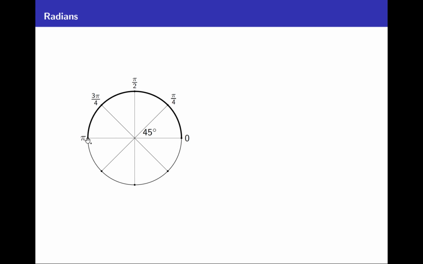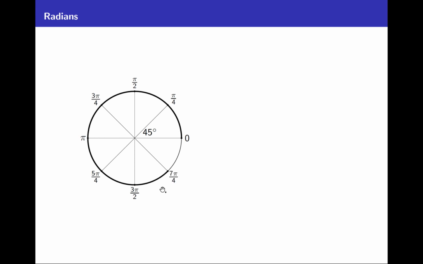We're halfway around the unit circle, so we're at a radian measure of pi. Continuing this another pi over 4, we have 1, 2, 3, 4, 5 times pi over 4 radians. 6 times pi over 4 radians would reduce to 3 over 2 pi. So 3 pi over 2 radians is 270 degrees.